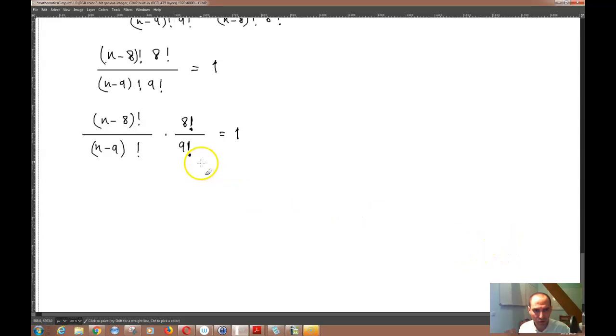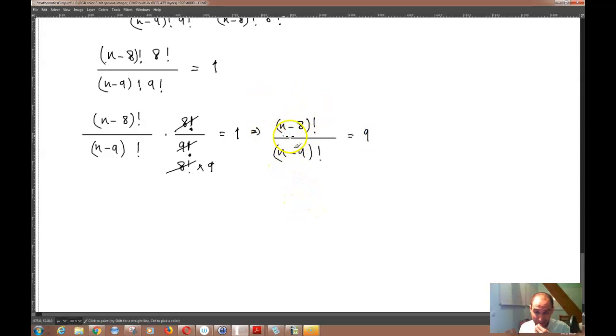So you could write this as 8 factorial times 9, and then you could simplify these two. Now I can multiply both sides of this equation by 9, and that gives me n minus 8 factorial over n minus 9 factorial is equal to 9.